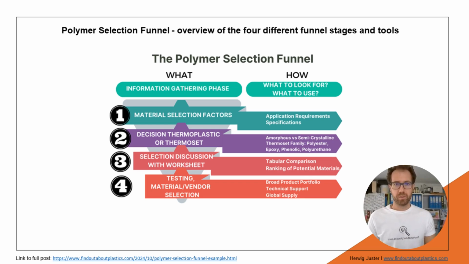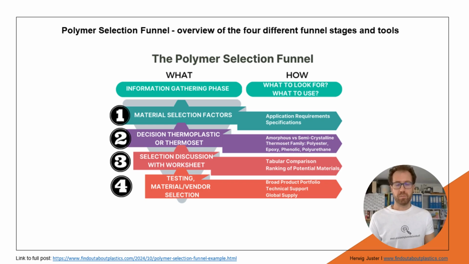Then we decide between thermoplastic or thermoset. And if you go with a thermoplastic, is it amorphous or semi-crystalline or both options? The third is then the core of the whole selection funnel, the selection discussion with worksheet, where we systematically rank all the requirements with the pre-selected material.